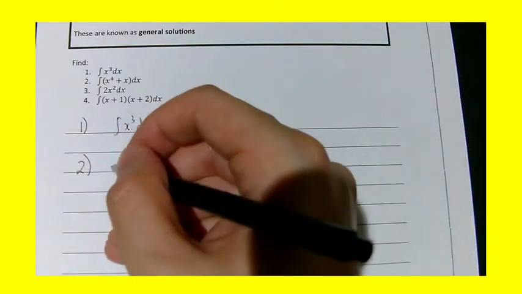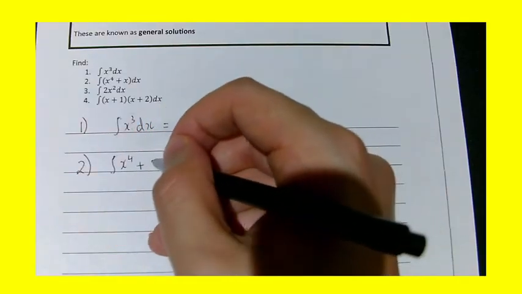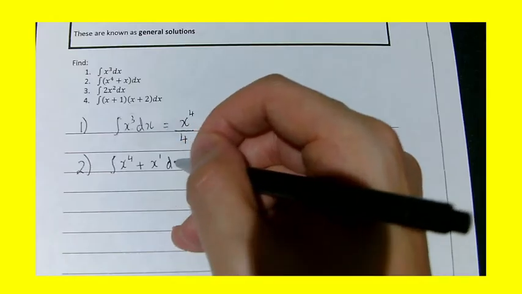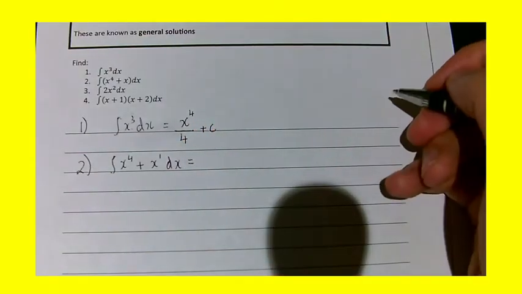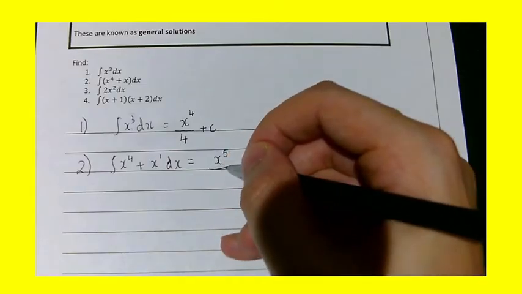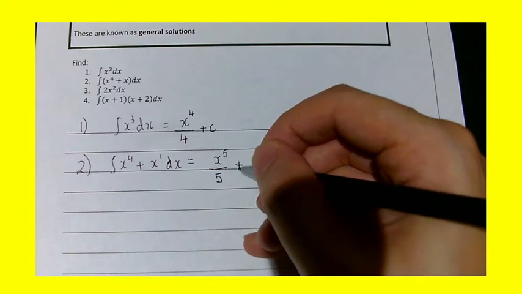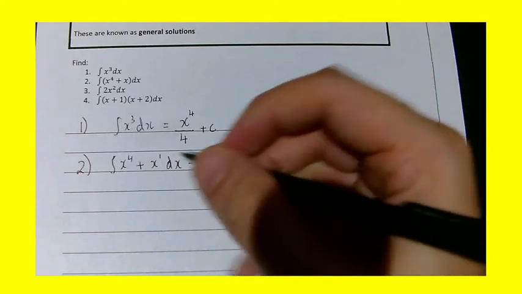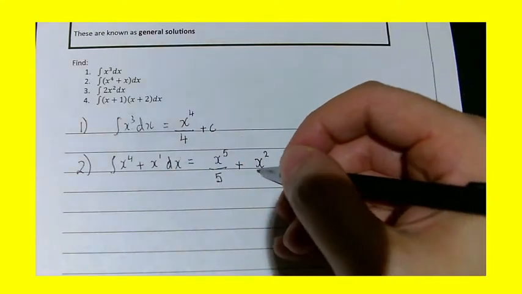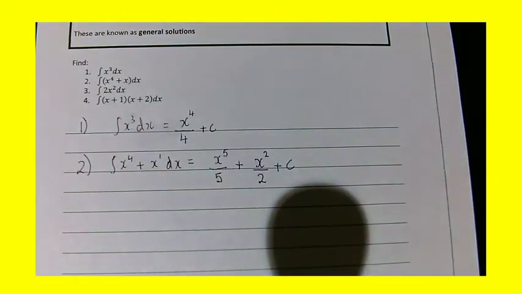So question 2. x to the power 4 plus x. Well, I'm just going to write that x as x to the 1. You then add 1 to the power, divide by the new power, and you do the same thing here. Add 1 to the power and divide by the new power. And you have the plus c there.